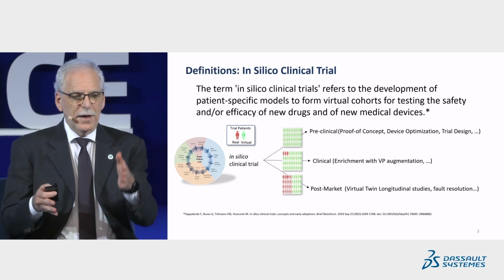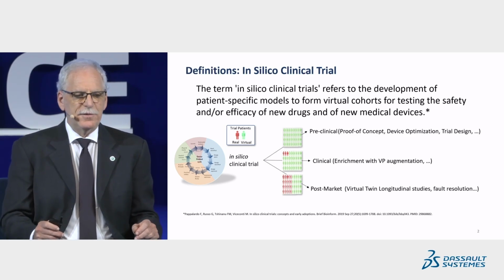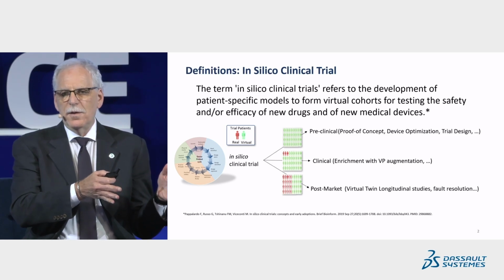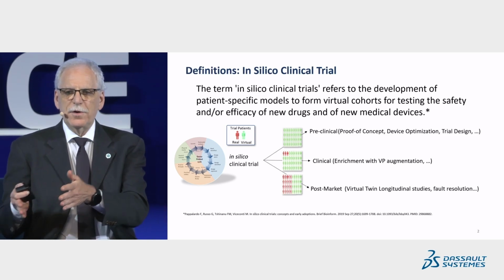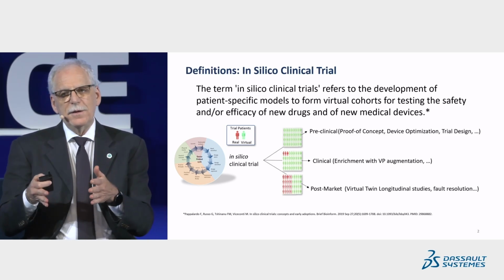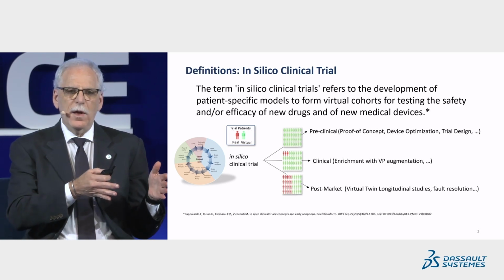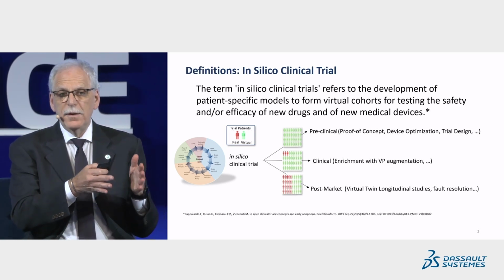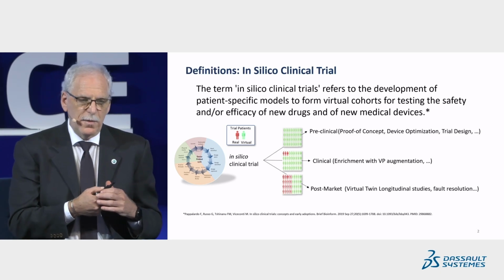And so that can be done, I sort of show at 3 stages here. Very early on, before you actually work with real patients, so you can start before you get any clinical data, which is a great way to help you ensure that you understand the condition properly, the device that you want to create.